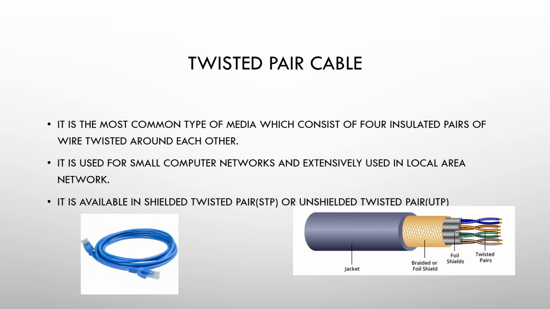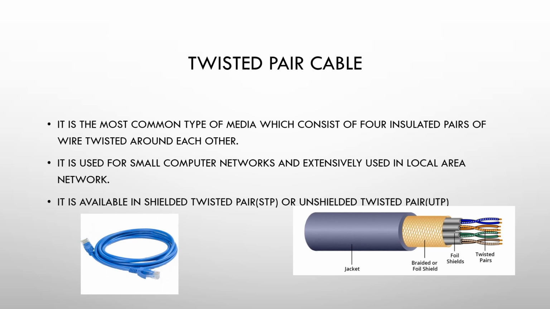It is available as shielded twisted pair or unshielded twisted pair. In this figure you can see a twisted pair cable consisting of twisted pairs. We use twisted pairs to increase the signal generation. There is also a braided or foil shield and a jacket.